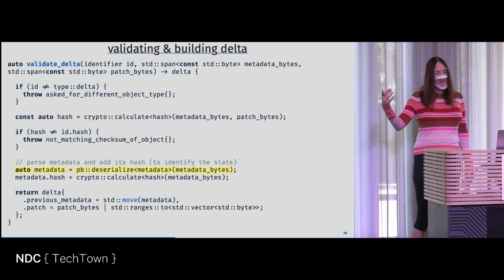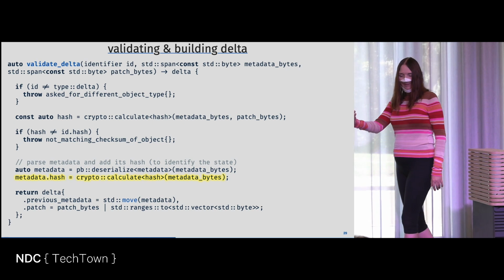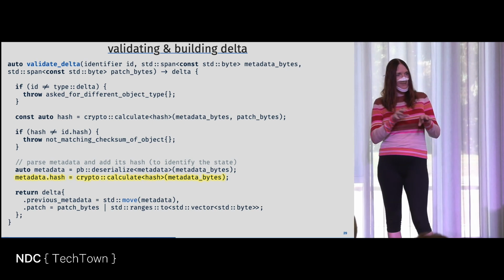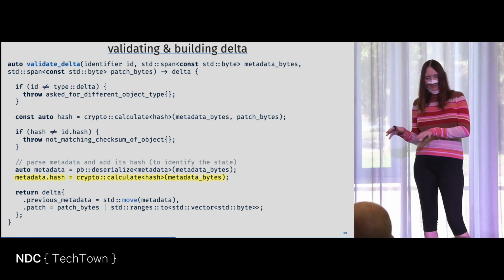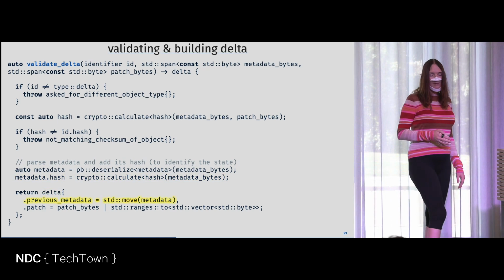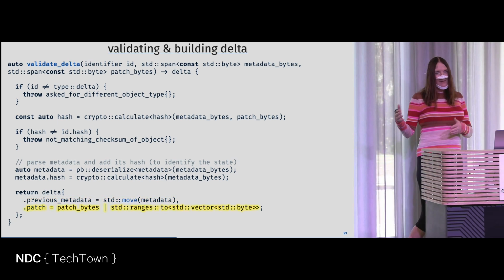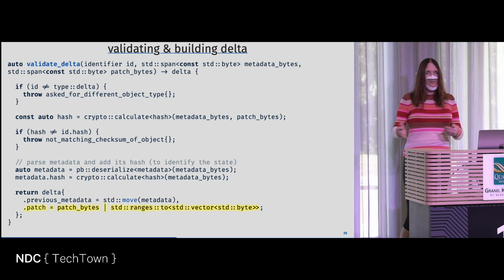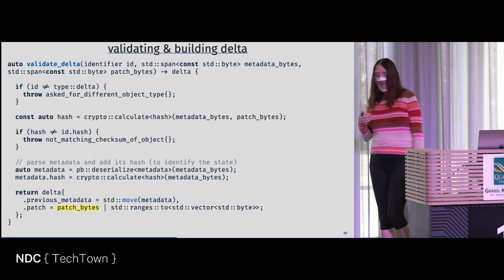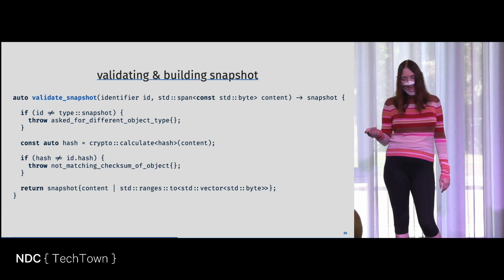Then you ask for deserialization of metadata and calculate the hash of the metadata. These are not signed, but don't worry, you don't need it. Then you return delta with metadata and again a copy of the patch from the view.